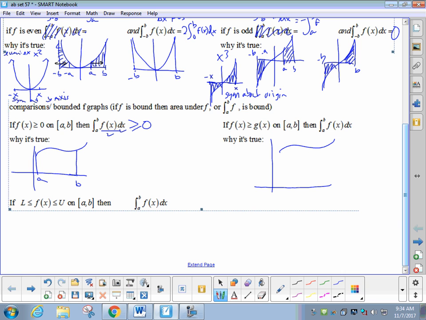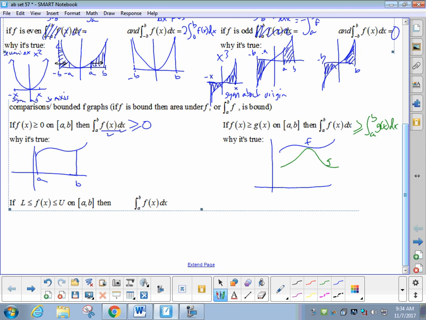One is f, and it's always above or at most equal to g. Then how would the areas under f and g relate? Area under f is greater than or equal to, if I guess they were right on top of each other, area under g.